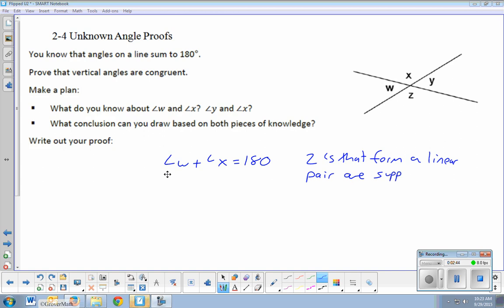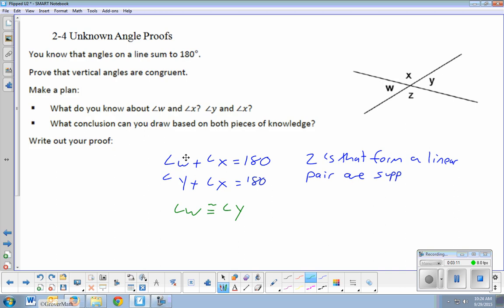Under that same argument, we could also say that angle Y plus angle X equals 180. And so how does that prove that Y and W are the same? Because it does. So angle W is congruent to angle Y. But what would be our reason?